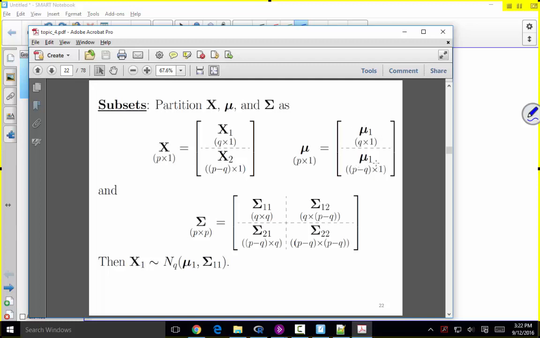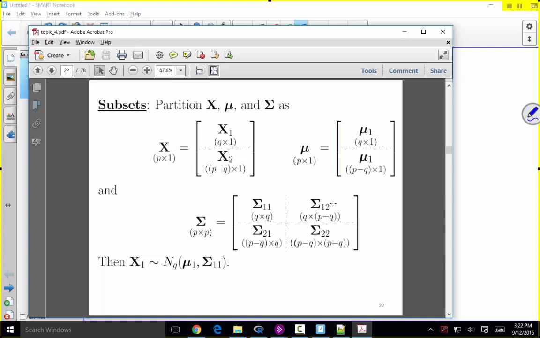This should be mu2, that should be a subscript 2. And similarly, the covariance matrix can be chopped up into a Q by Q piece for x1 and a P minus Q by P minus Q chunk for x2, and whatever is left is in the off diagonals.